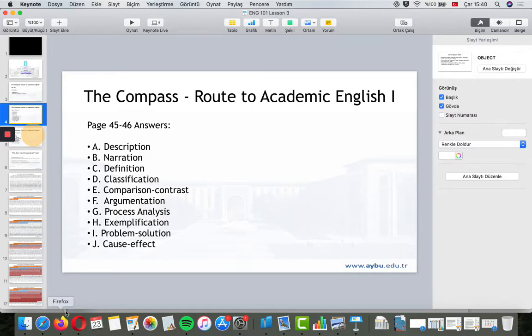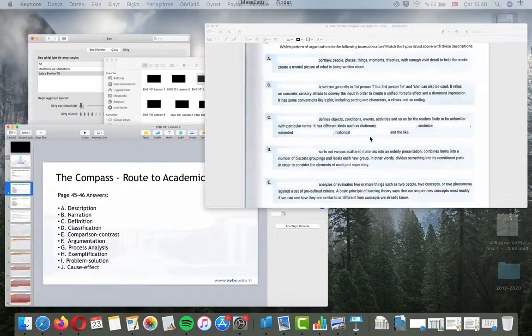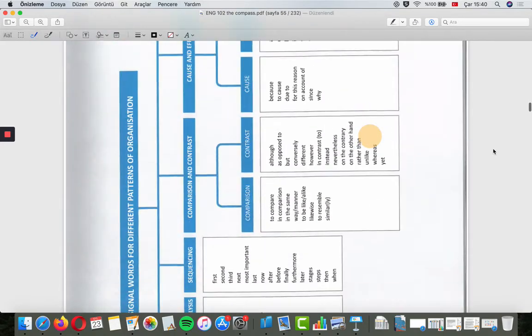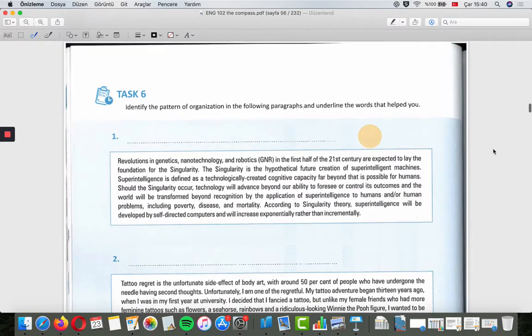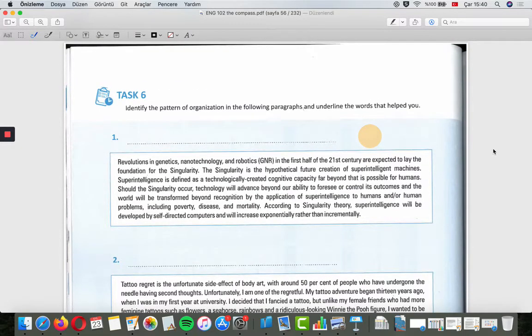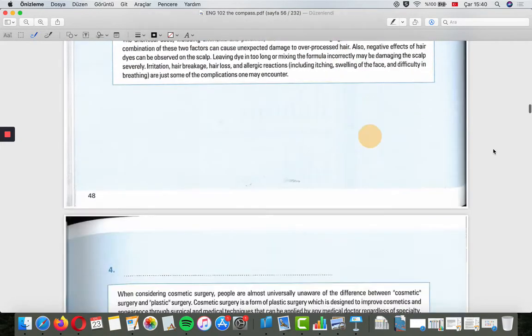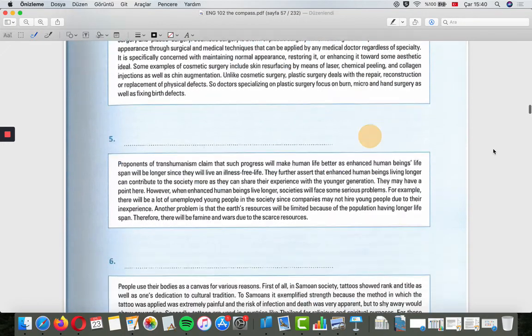And right now we can go to page 48. This one. There are many different paragraphs here. Arkadaşlar, if you want, you can stop the video. Okay. Look at these.